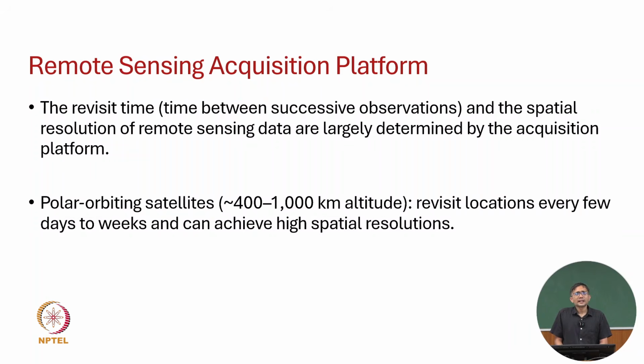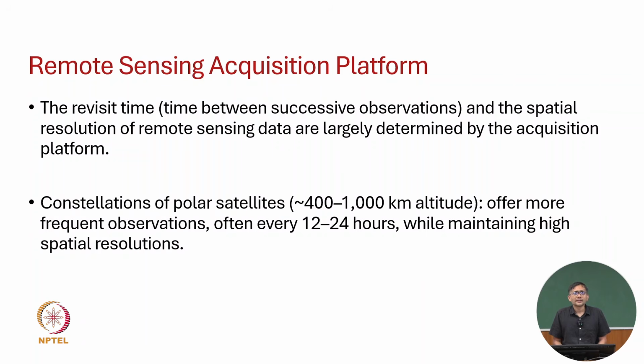We can have polar orbiting satellites which revisit locations every few days or few weeks, and they can achieve high spatial resolution. Most of the time when we talk about particular satellite sensors, we actually talk about these polar orbiting satellites.